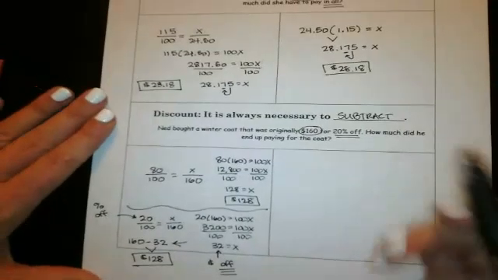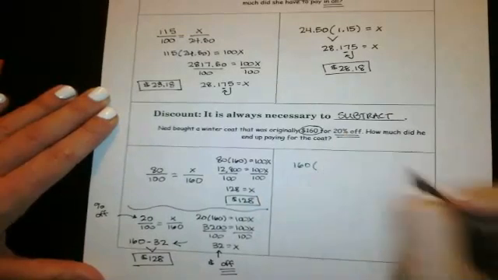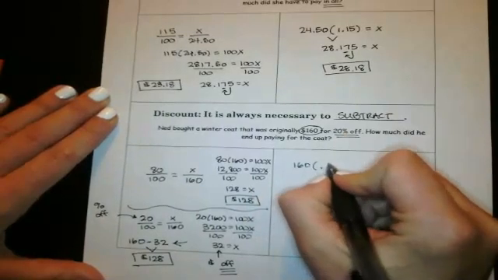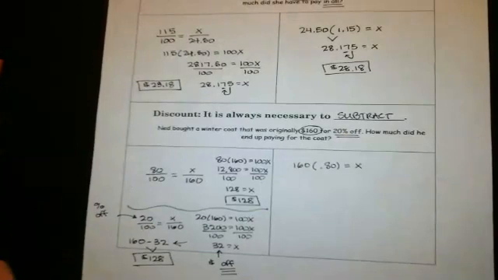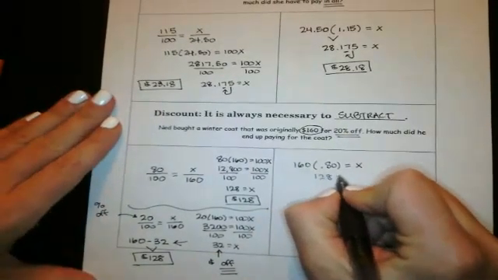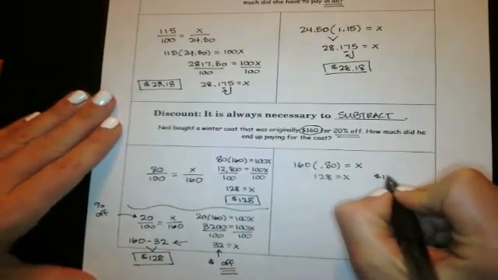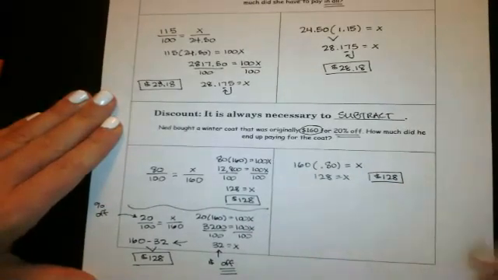All right, now let's do that with an equation. So again, we start with the total. If it's 20% off, he's paying 80%, which as a decimal is 0.8, okay? We multiply these and we go straight to our final answer of $128. So simple, okay?